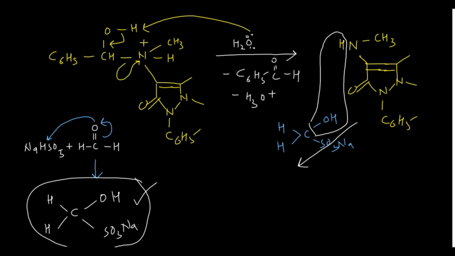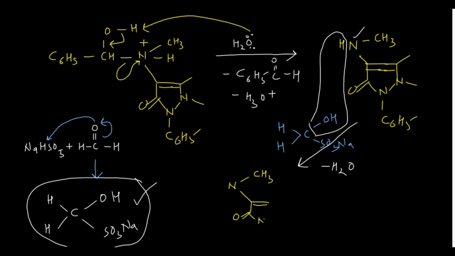That means the electron pair to form the bond is already there on this nitrogen atom, and you will remove the water molecule from here, and what you are left with is this nitrogen. There is no problem with this particular nitrogen. And this is now substituted with the methyl group.